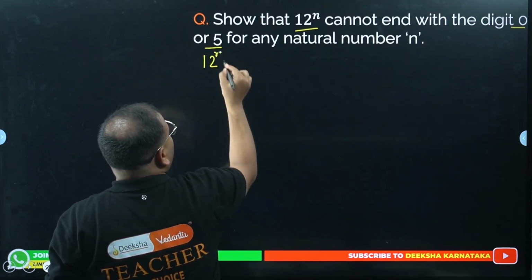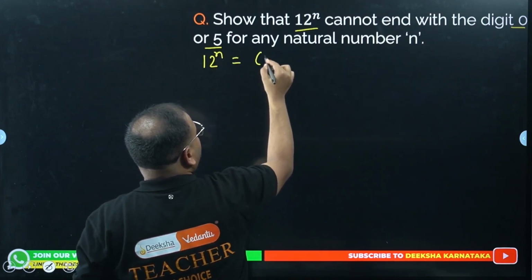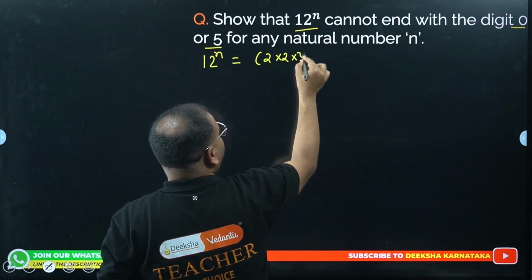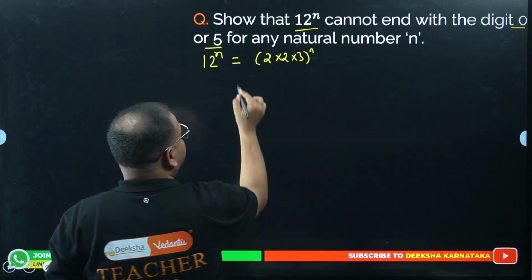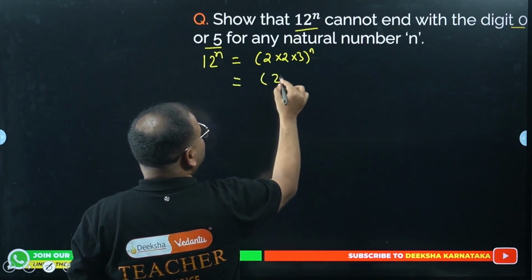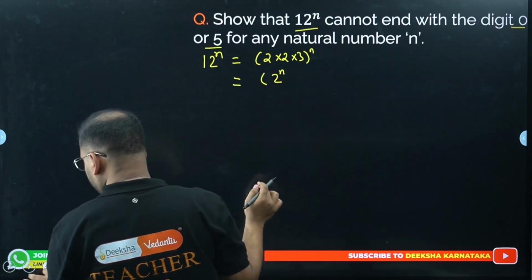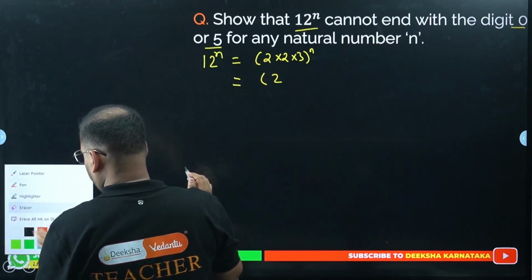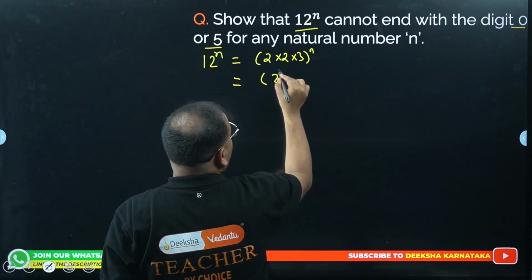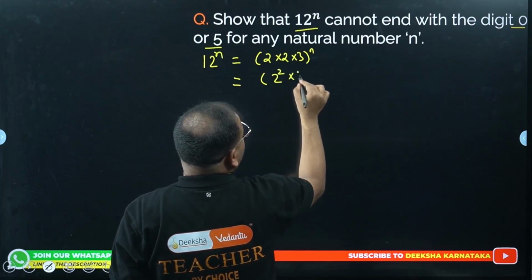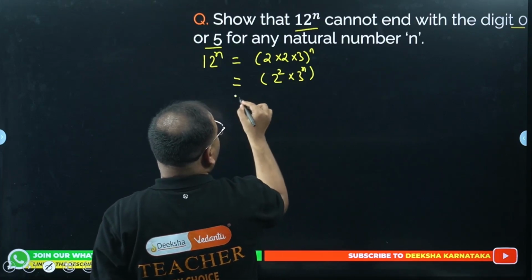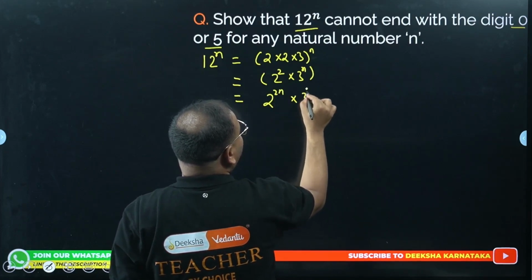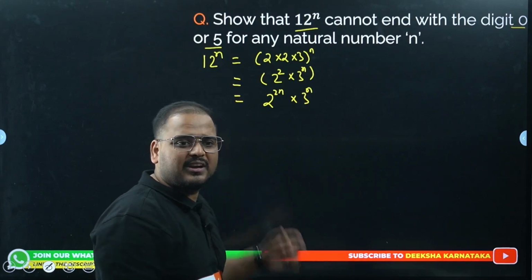So 12 power n can be written as 2 square times 3 power n, nothing but 2 power 2n into 3 power n. How? The power rule is there in indices.